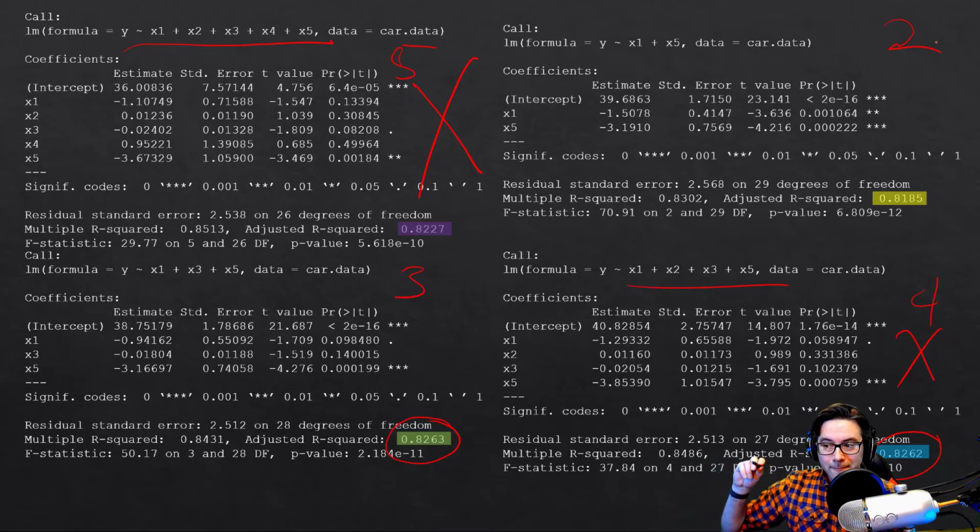Those are so close to each other. If we rounded to the 100th place, this one would be 0.83, and this one would be 0.82.